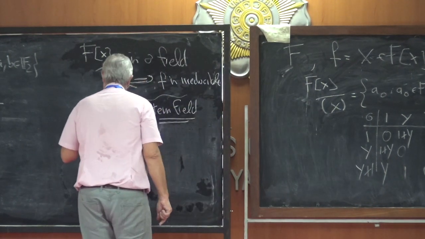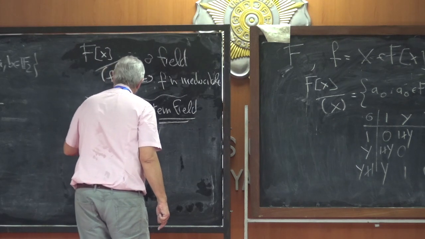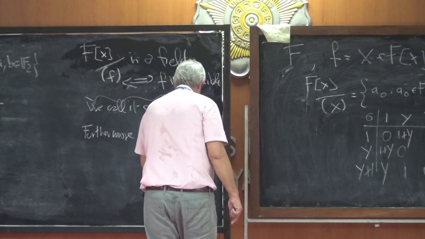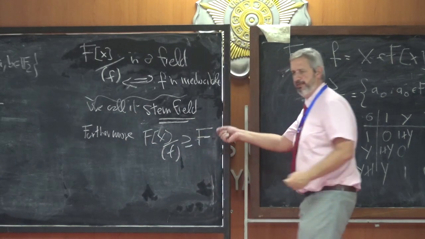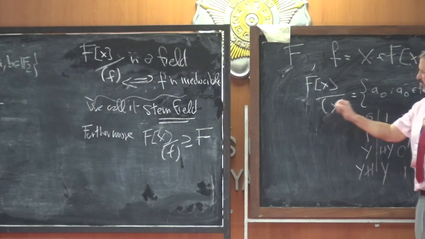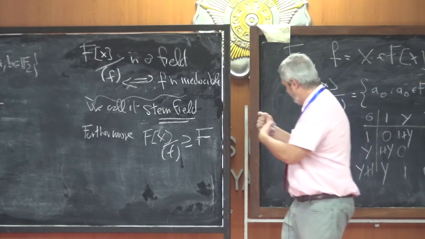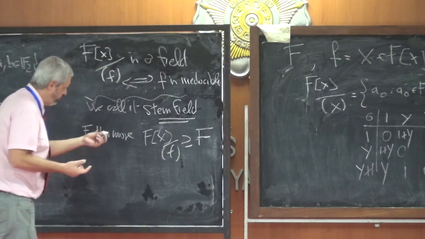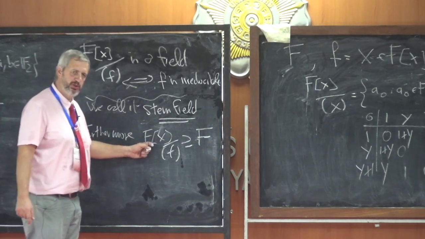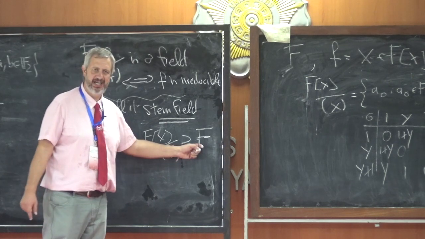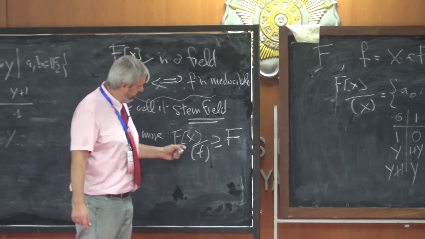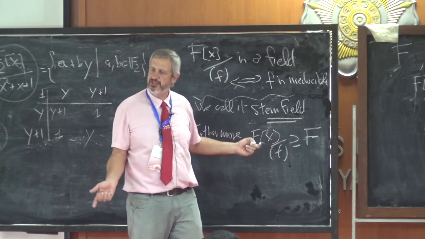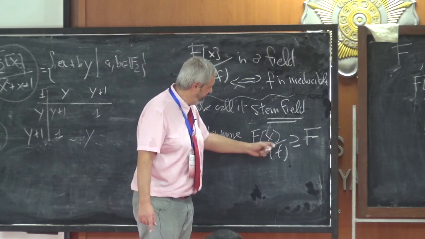And furthermore, this field contains F, since the polynomial expressions of degree zero constitute a set which is the same as F. And actually, whenever you have a ring and a subfield, there is an extra structure that we haven't considered so far: this is a vector space over this field.